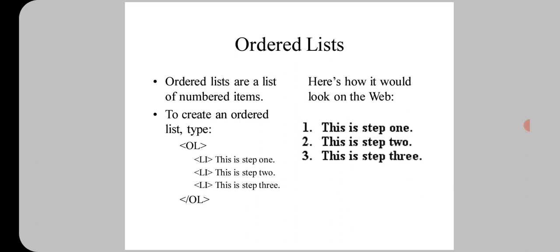To display these three courses, we may use different options: simply displaying text as BA, BCom and BSc, or displaying these three with some symbols, or with numbers like 1, 2, 3, 4, or with alphabets. All these are called lists.